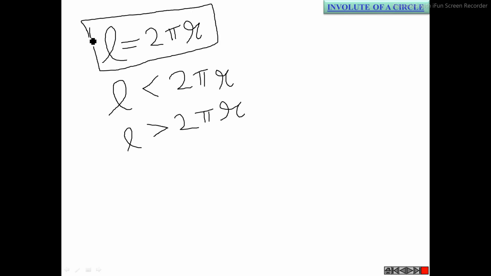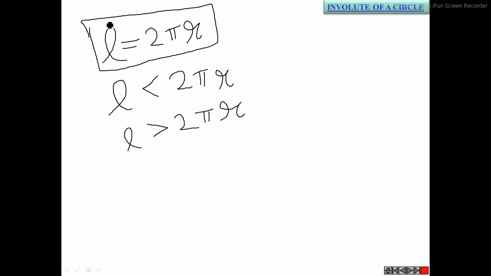But remember, in the question, no one will tell you that draw the involute of a circle in which the thread length is exactly equal to the circumferential length. No. Question will be in this manner.